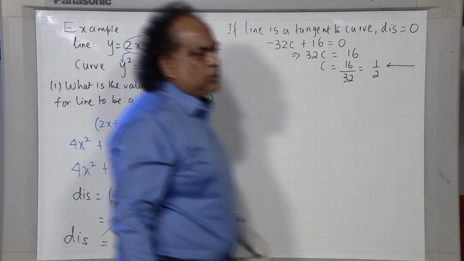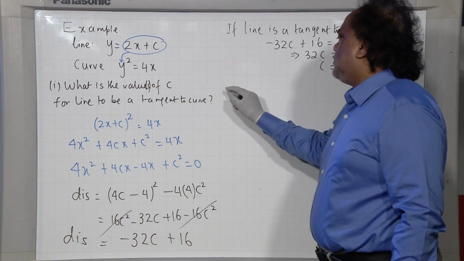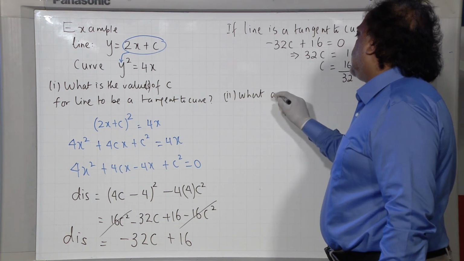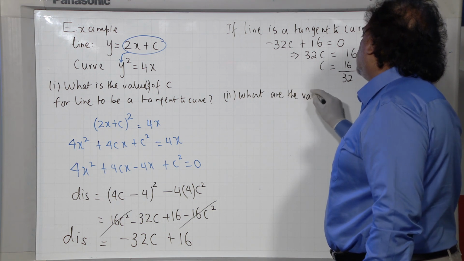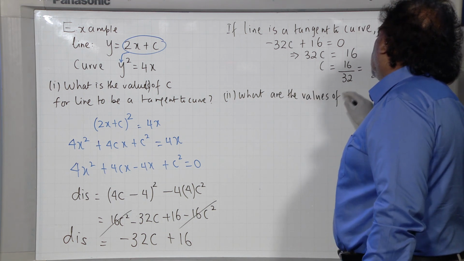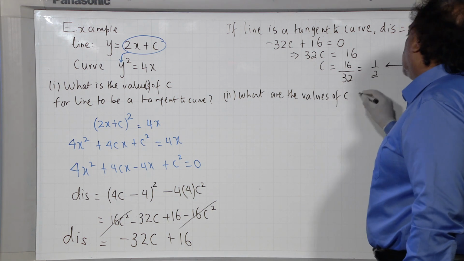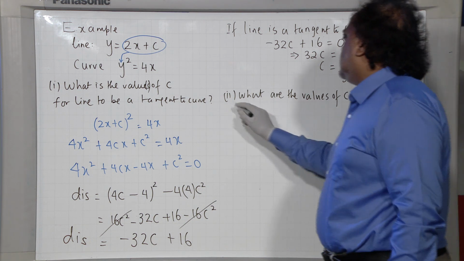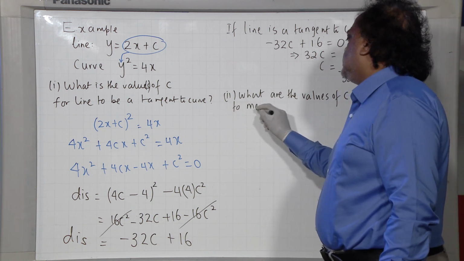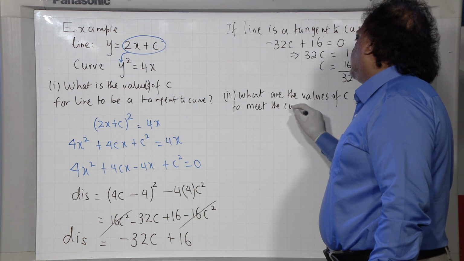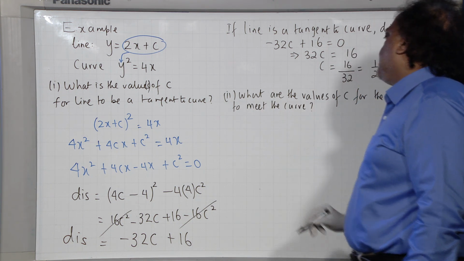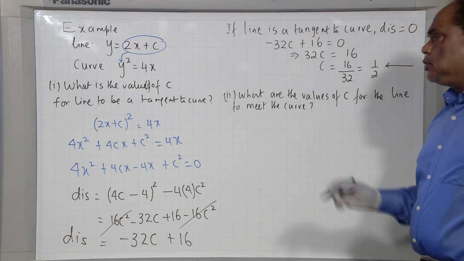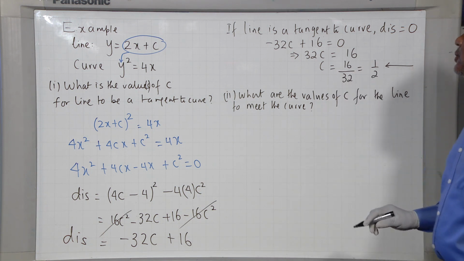Now, we could have asked the question, what would be the values of c for the line to meet the curve? That is, the line can cut the curve in two distinct points or be a tangent.